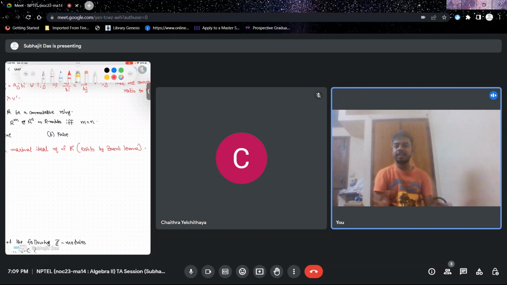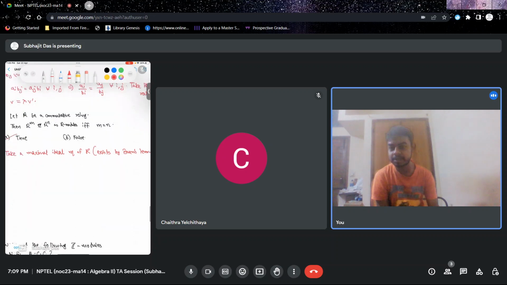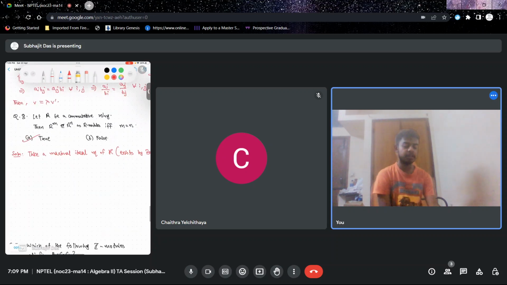Because you just take the collection of all proper ideals. This is a partially ordered set. Show that this poset is inductively ordered, that is, every chain in this has an upper bound. And then Zorn's lemma says that you get a maximal element, which will precisely be a maximal ideal of the ring. So take a maximal ideal M of R.